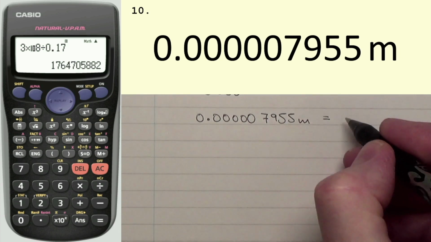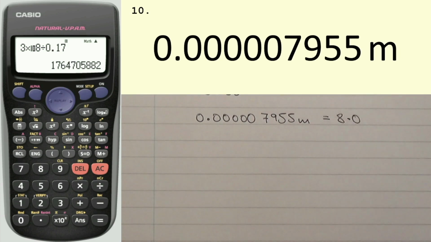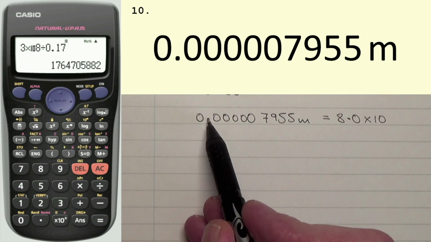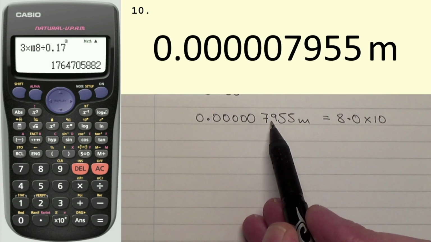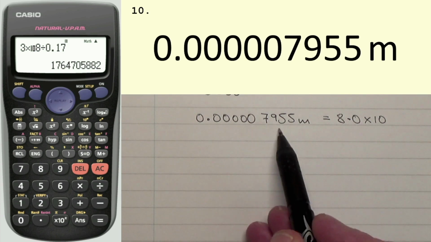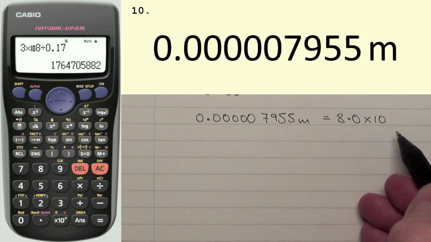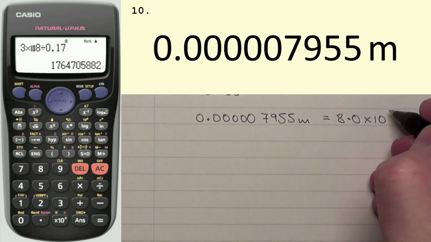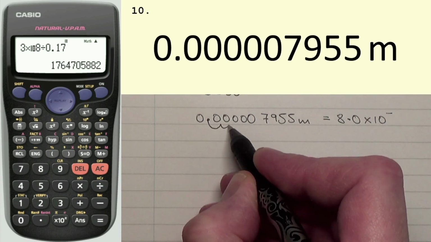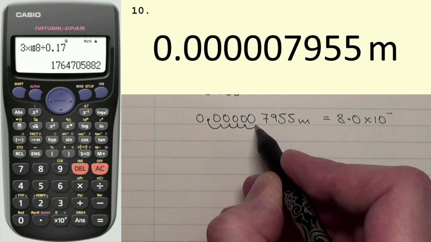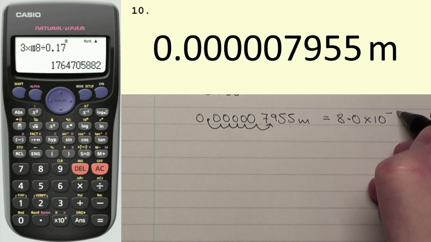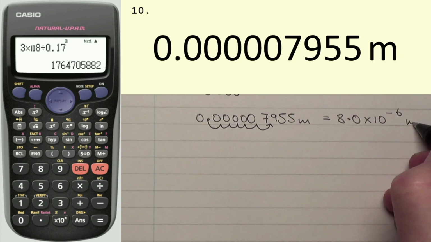So I'm going to write 8.0 times 10 to the power of, and again I just need to move this point from this position so that it's between the first two non-zero figures over here, and that'll give me the power. So obviously a negative power, that's a very small number. So 8.0 times 10 to the negative, let's see, 1, 2, 3, 4, 5, 6 positions. So 8.0 times 10 to the power of negative 6 meters.